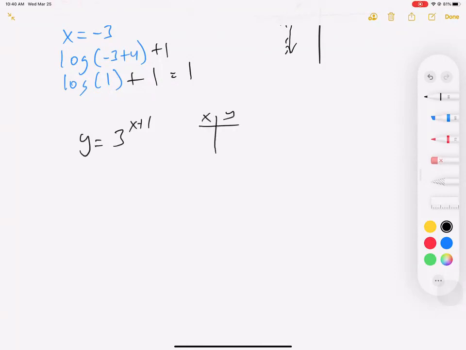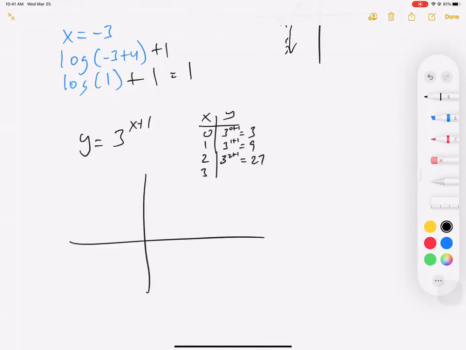Plug in 0, plug in 1, plug in 2. 3 to the 0 plus 1 is 3. 3 to the 1 plus 1 is 9, because 3 squared is 9. 3 to the 2 plus 1 is 3 cubed, which is 27. That'll give you a great graph. At 0, we're at 3. At 1, we're at 9. At 2, we're at 27.